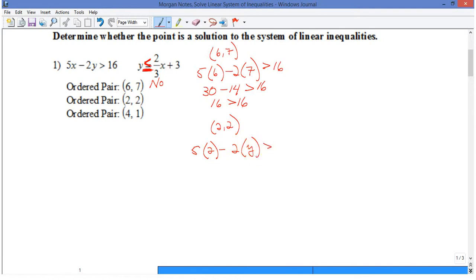Is that greater than 16? 10 minus 4 greater than 16. 6 greater than 16. Well, just substituting that value into the first equation wasn't true, so I don't even have to go any further. I can see that that's not a solution.